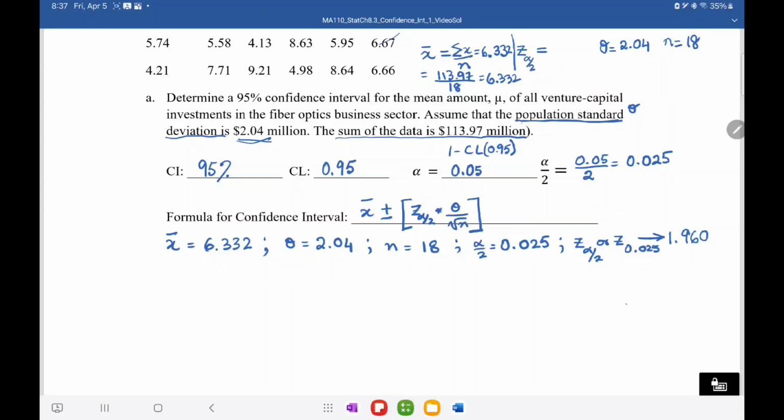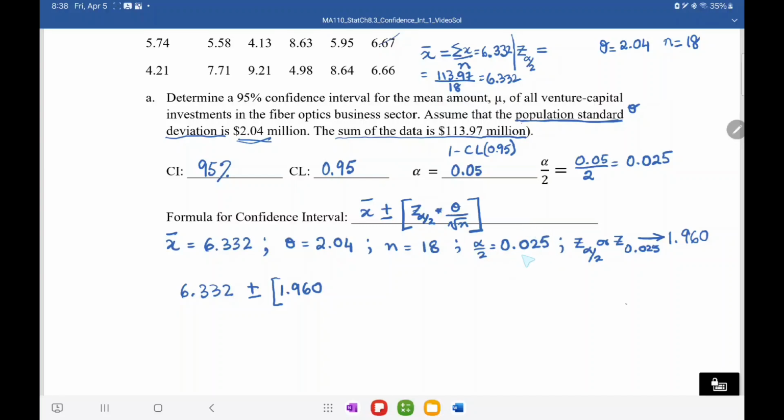X bar, I'm going to write as 6.332 plus minus z of alpha by 2, which is 1.960. Make sure you're writing 1.960 for z of alpha by 2 and not just 0.025.